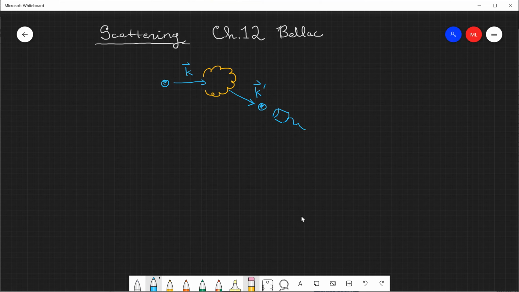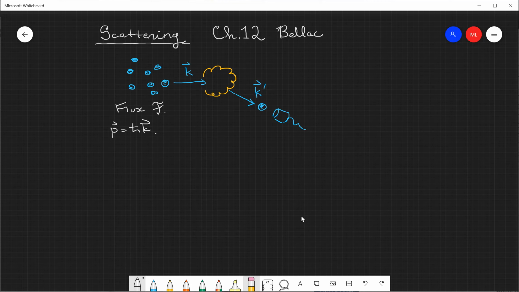And so we need a few more terms to describe this process. Typically, instead of just a single particle coming in, you have a whole collection of them, a whole bunch of them coming in. And so there's some flux associated with that. There's some flux F of particles that are coming in. And again, all of them have momentum h bar k.